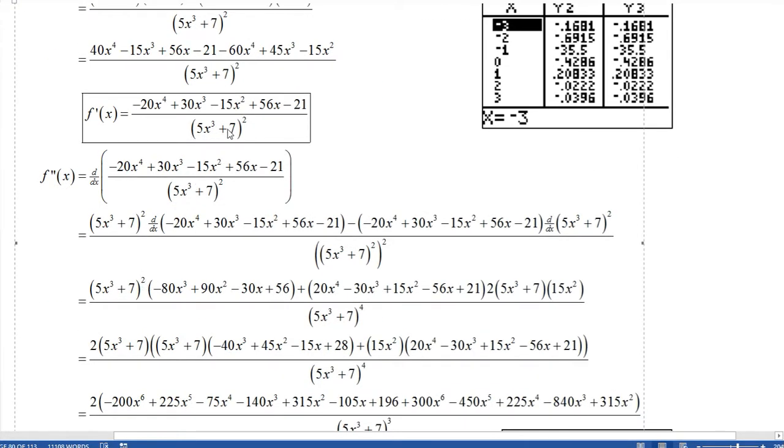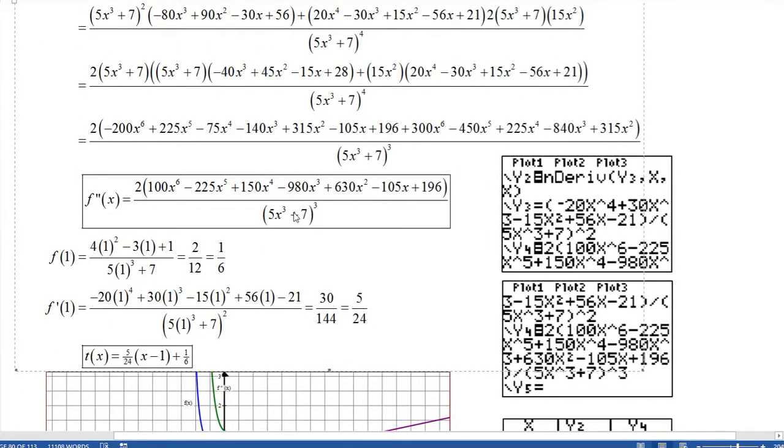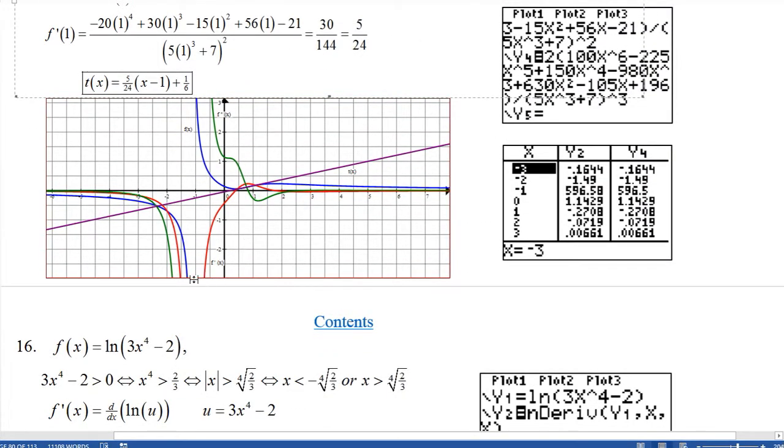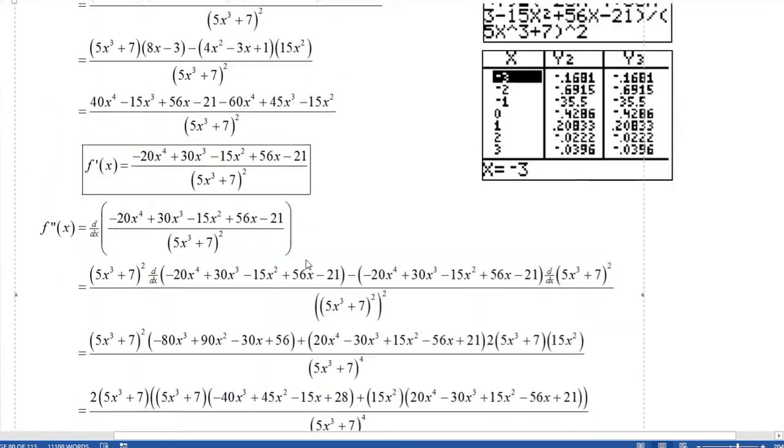And of course, the first root is undefined, the second root is also undefined at the same point. So that's this guy over here, just a little to the left of negative 1, it looks like. So you see vertical asymptotes on all 3 functions right there.